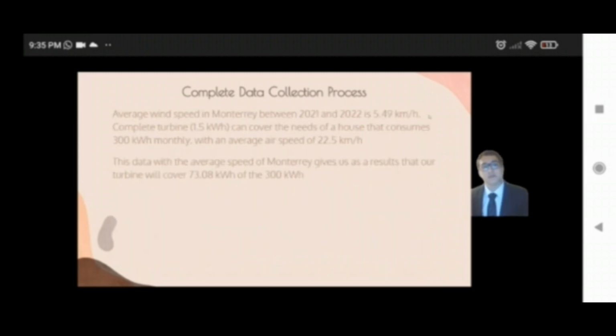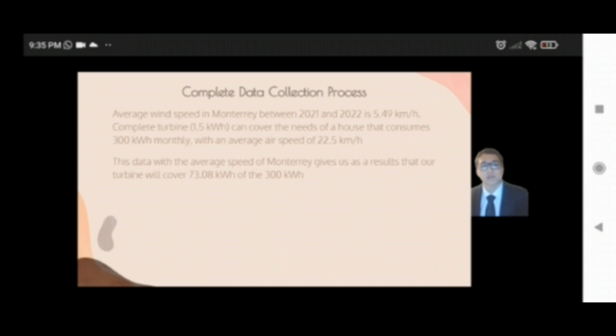Average wind speed in Monterrey between 2021 and 2022 is 5.49 kilometers per hour. A complete 1.5 kilowatt turbine can cover the needs of a house that consumes 300 kilowatt hours monthly with an average air speed of 22.5 kilometers per hour.